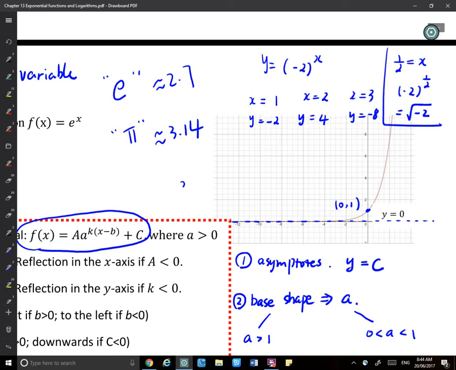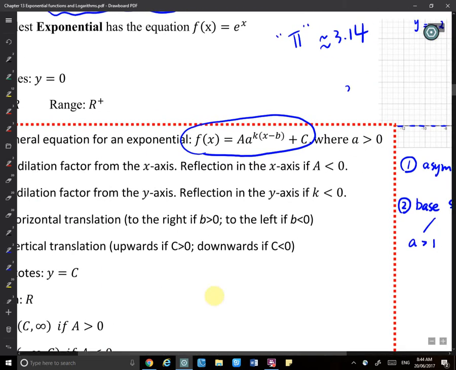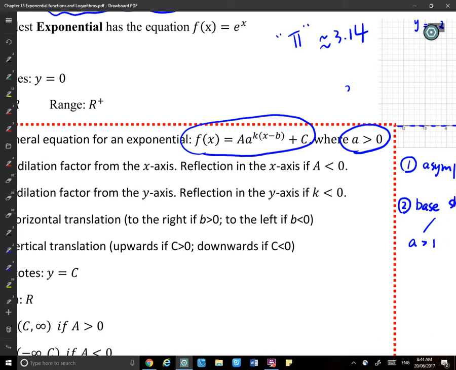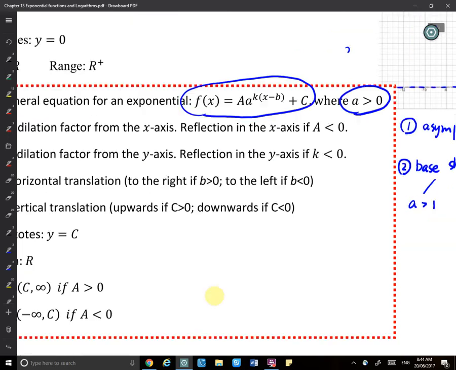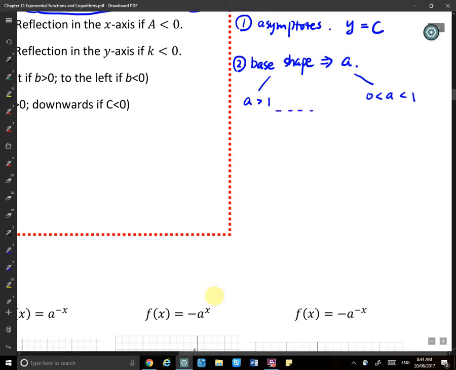So all the a values must be greater than 0. But even when a is greater than 0, it's still classified into two groups: one greater than 1, one between 0 and 1. For a greater than 1, we have an asymptote here and it's an increasing shape.